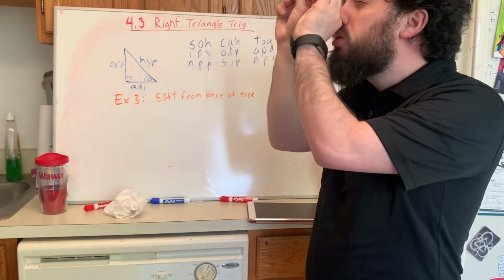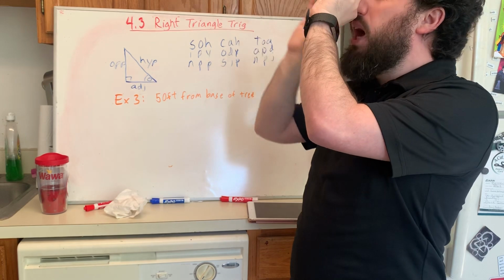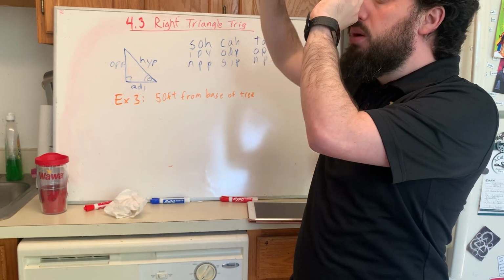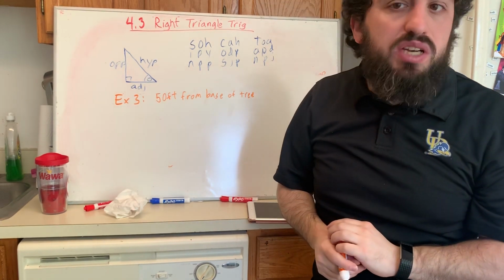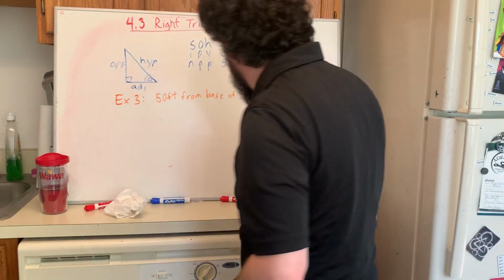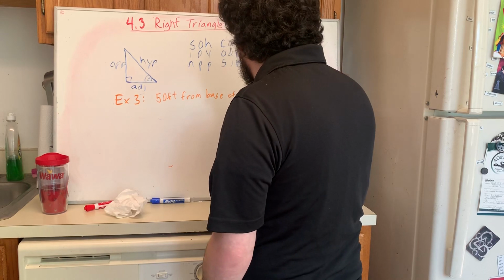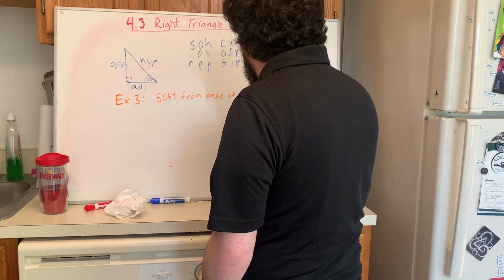He has this little measuring tool, and he found, as he's looking up, the measurement of his looking up is 71.5 degrees. So the angle of elevation is 71.5 degrees.